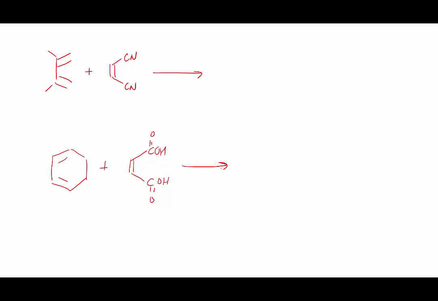Can you do those two Diels-Alders and write the product with the correct stereochemistry using bold and dashed wedges?